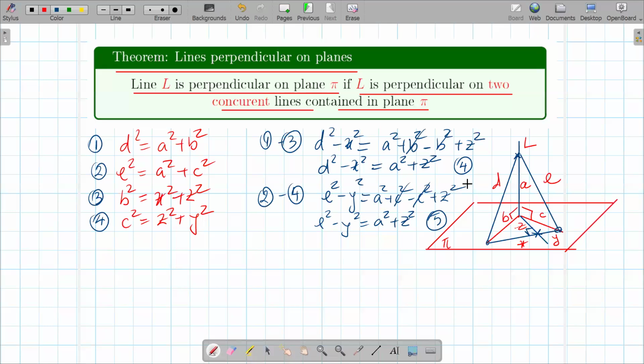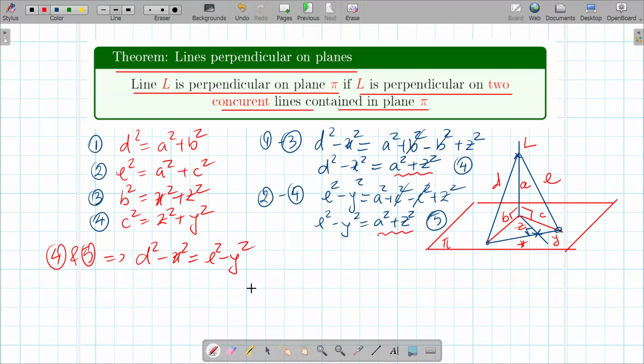All right. Well, looking at relationships 4 and 5, I have to notice that we've got a squared plus z squared and a squared plus z squared. So relationships 4 and 5 together imply that the left-hand sides are equal to each other, no? So d squared minus x squared is equal to e squared minus y squared.